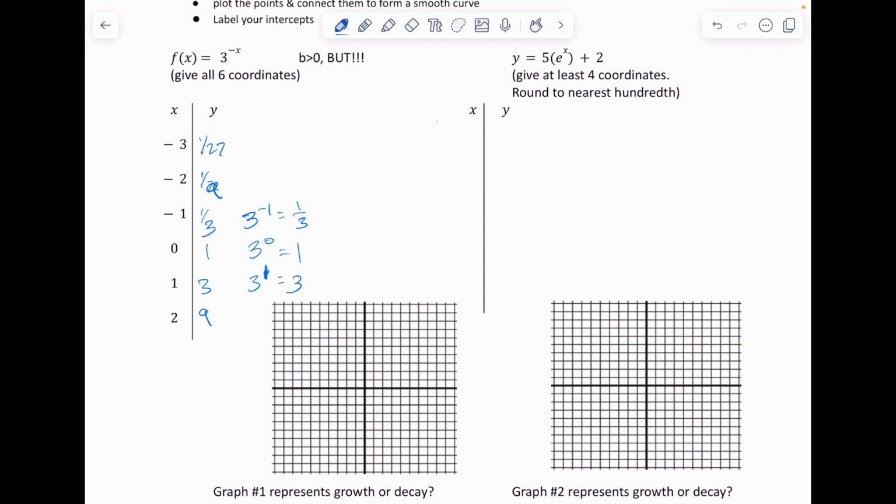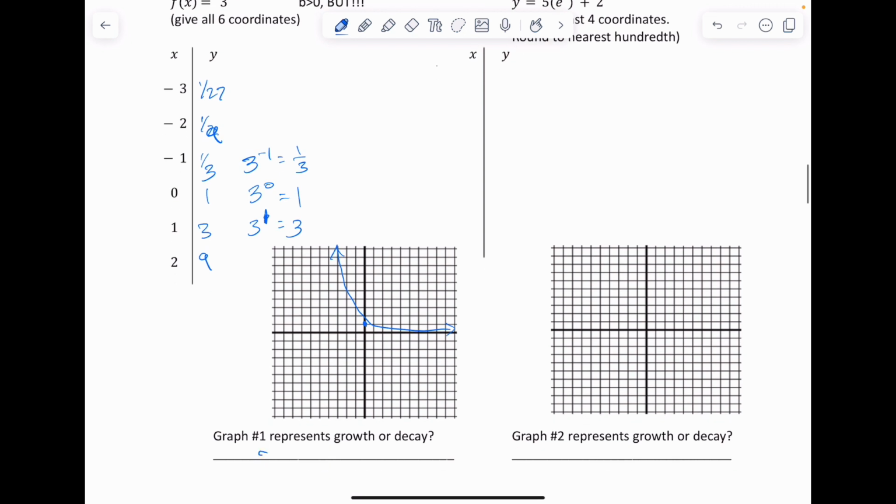So 3 to the negative 3 power is 1 over 27. Plotting out a few points. Not gonna lie, if I'm grading, I'm looking that you can tell me where the intercept is, and if you can give me some indication that it's gonna go up or down. In this case, it is going down.